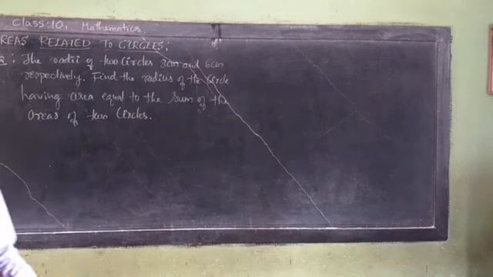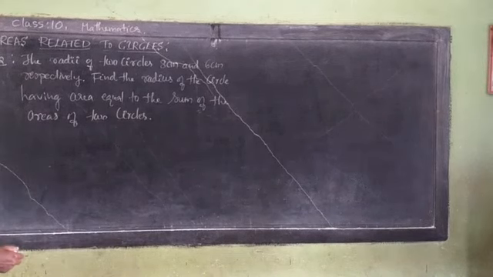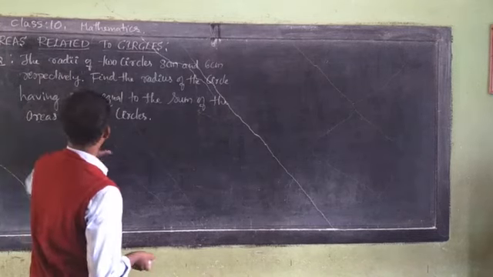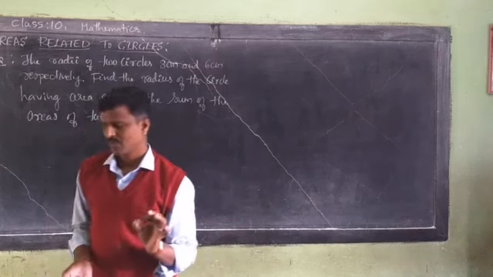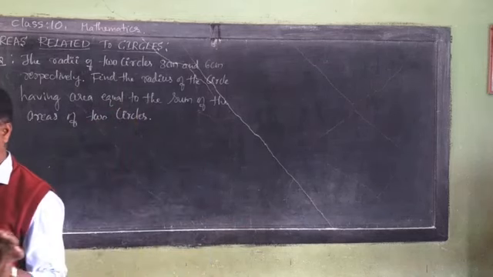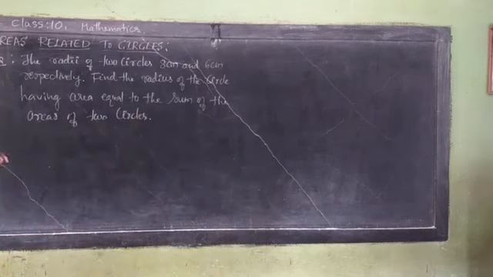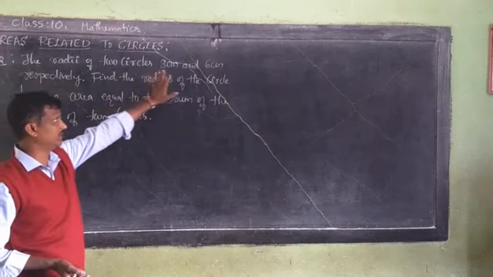Here the problem is: the radii of two circles are 6 cm and 8 cm respectively. Find the radius of the circle having area equal to the sum of the areas of the two circles. So we have one more circle. Here the radii of two circles are given.